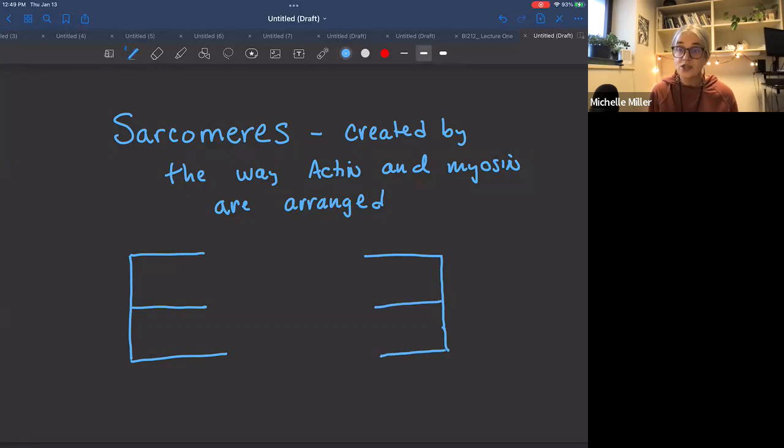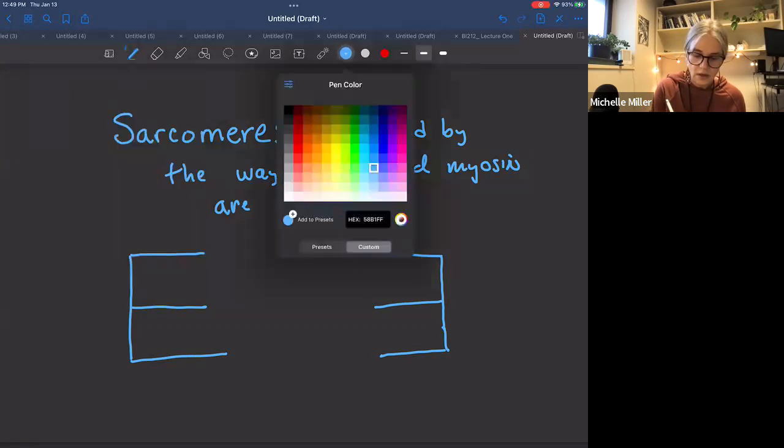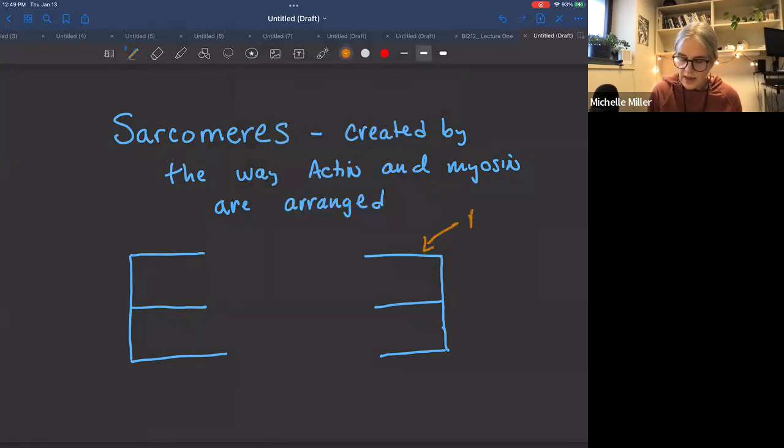The thin filament is the actin. So let me label that maybe in a different color. So this is actin, and it is the thin filament.